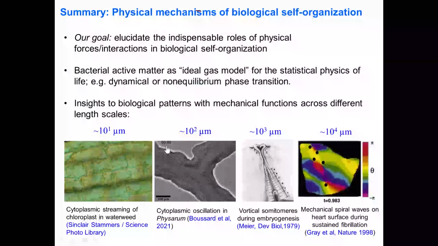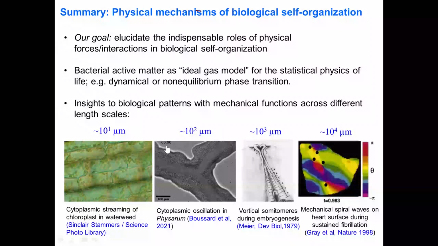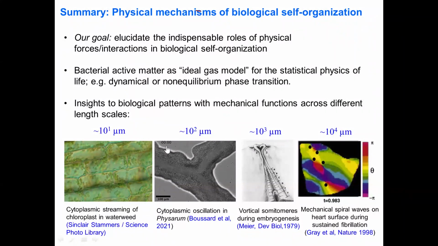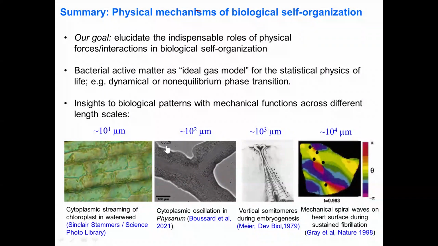But here, in the few examples I described, purely physical interactions can do the job, and we hope this can help us better understand the biological pattern formation across different length scales.